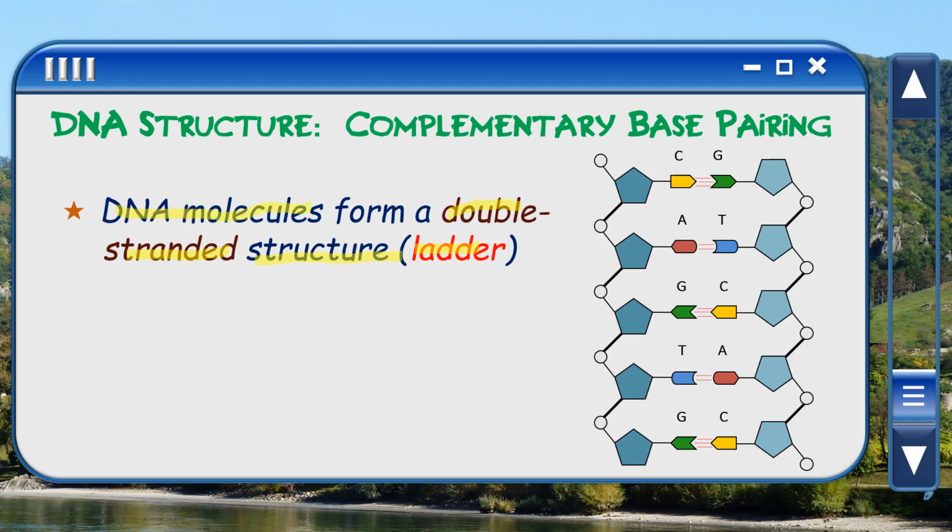Now, in the double-stranded structure, this side is one strand, and the other one running from the other side is another strand. So they are double-stranded, or what we call a ladder structure. That is the DNA.